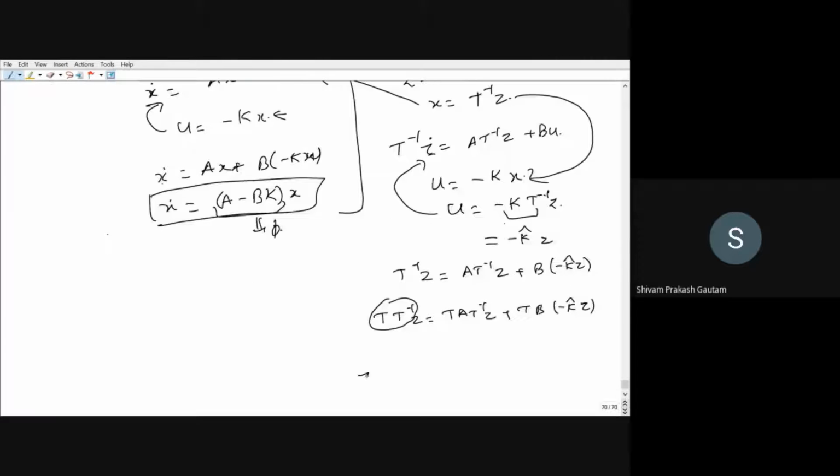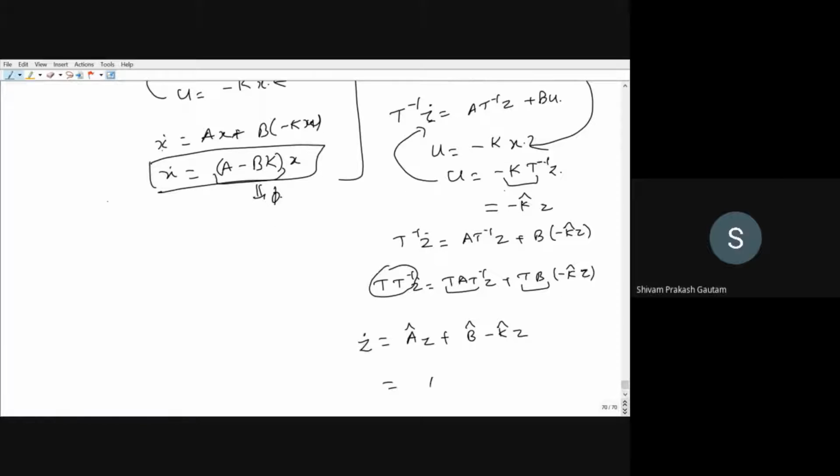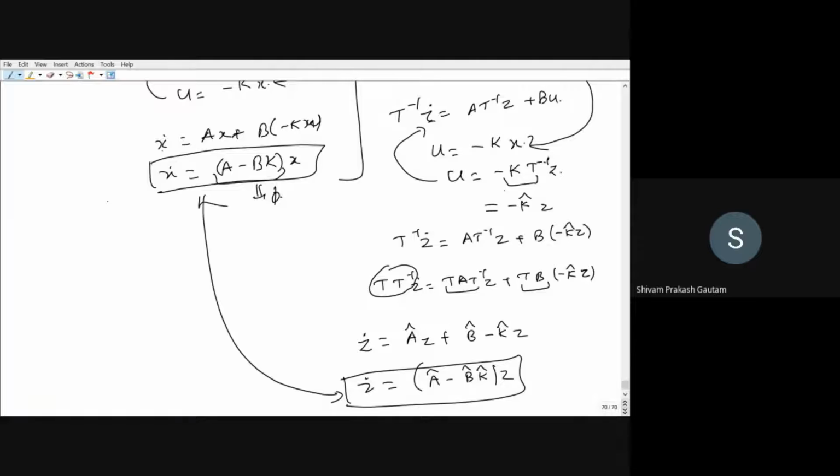So we will be getting z dot will be equal to T A T inverse, which I am calling A cap, z plus T B, which I am calling B cap, minus K cap z. So if you take z common, this will be equal to A cap minus B cap K cap into z. So this is our transformed equation. You can see here both of the equations are identical. Here this will be equal to 5.